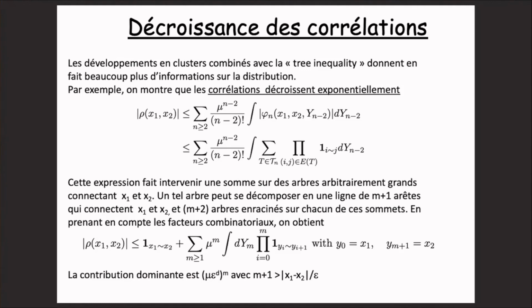So the conclusion is that, of course, if x1 is closer to x2 than epsilon, there is a problem. You should not have any overlapping. So that's the correlation here. But you can also prove that you have exponential decay of this correlation.